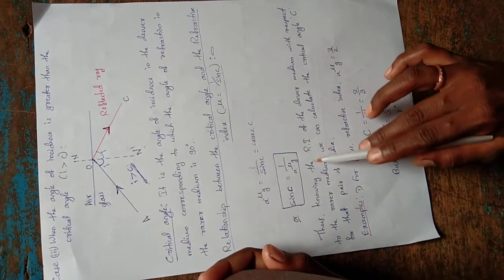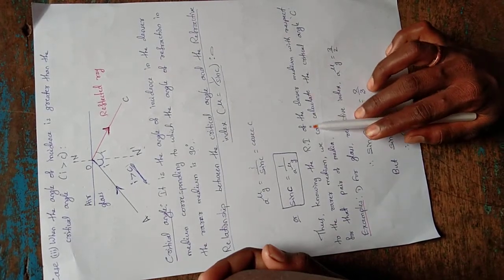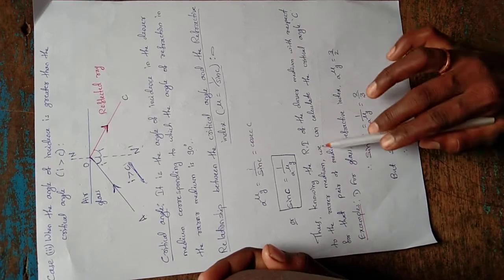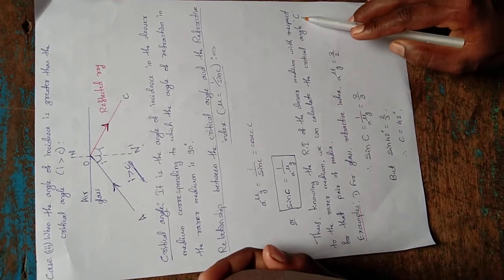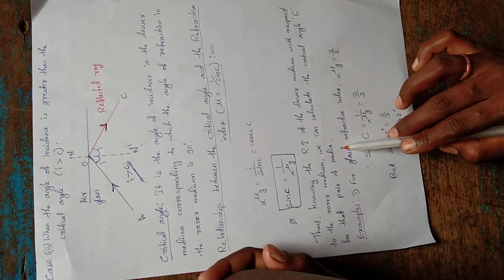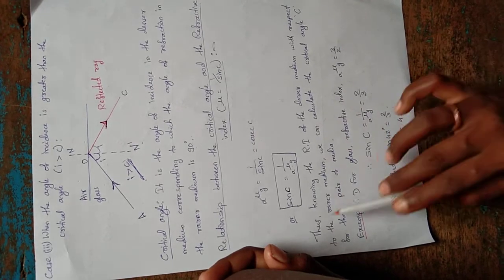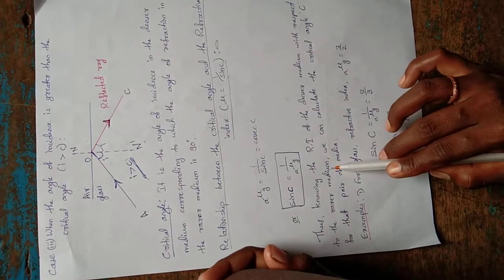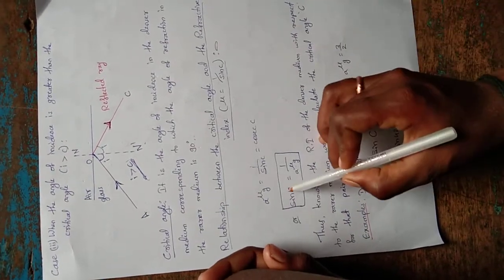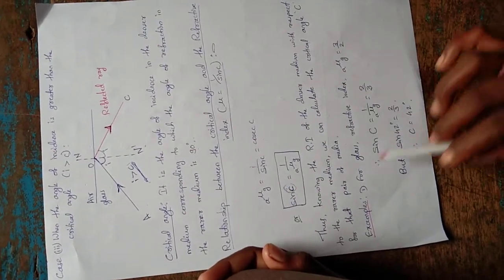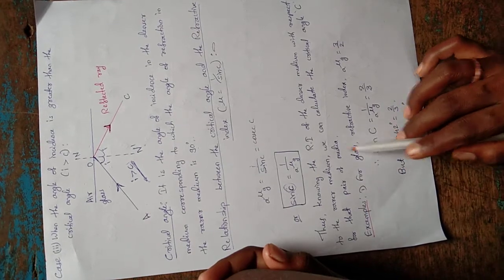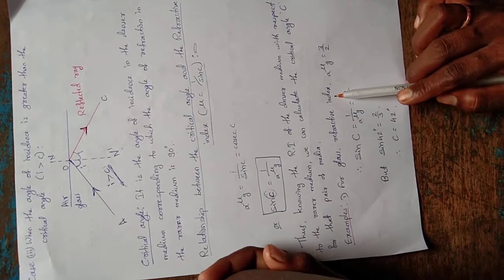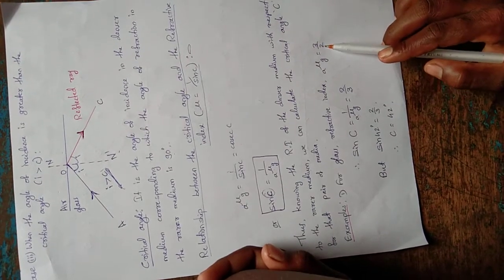Thus, knowing the refractive index of the denser medium with respect to the rarer medium, we can calculate the critical angle C for that pair of media. For example, for glass, the refractive index is 3 by 2.